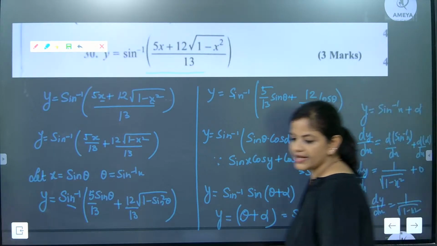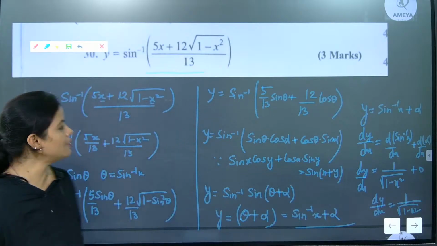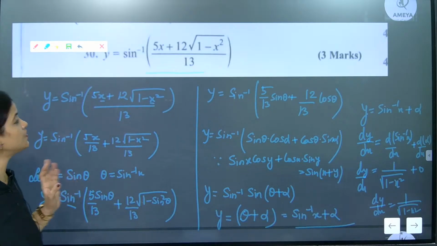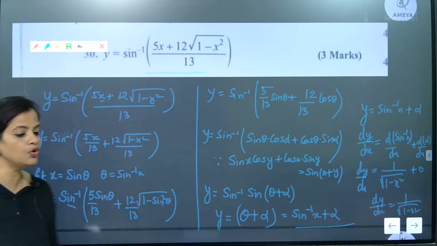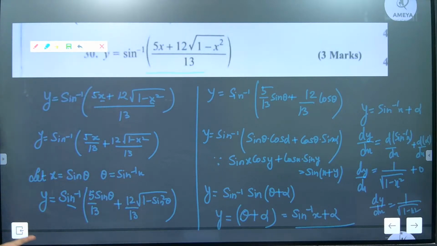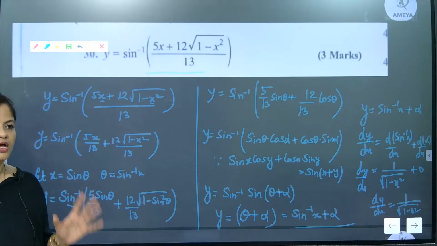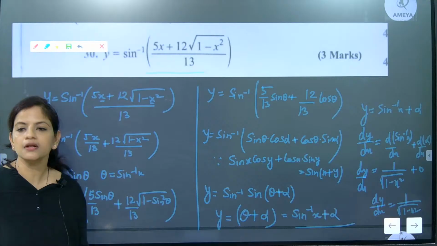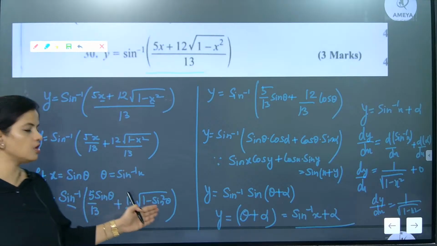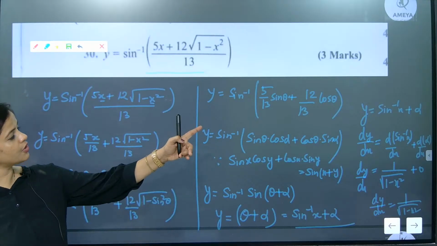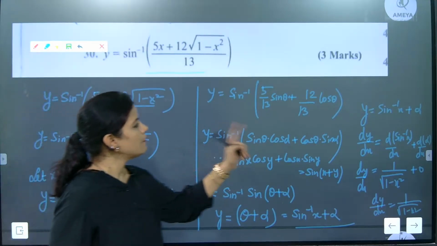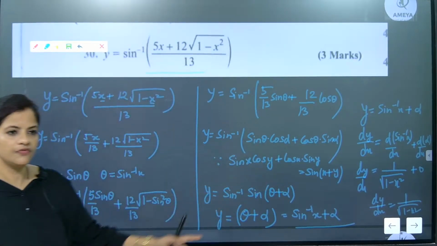Come on. When this type of question comes, solve it like a boss. Nothing else you have done. First, we analyzed how to solve the question. We took x as sine theta. After that, sine and cos parts came. We understood the Pythagorean triplets, took one section, drew the triangle, and after that we did that work.